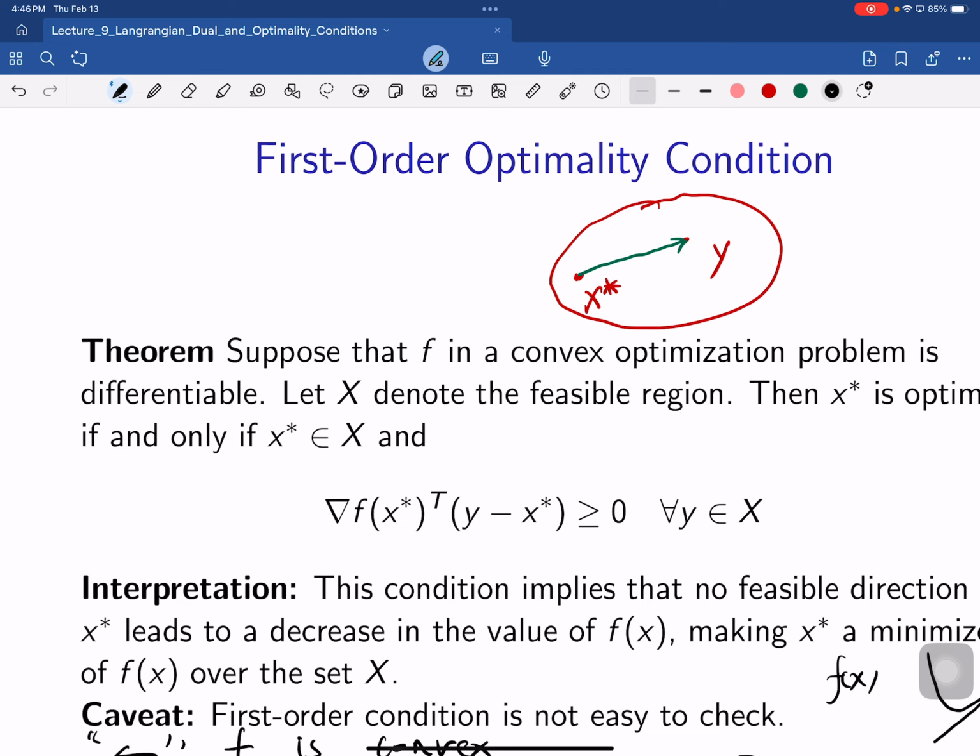So let's assume there exists a y such that this condition doesn't hold. Suppose there exists a y such that this is strictly less than 0.